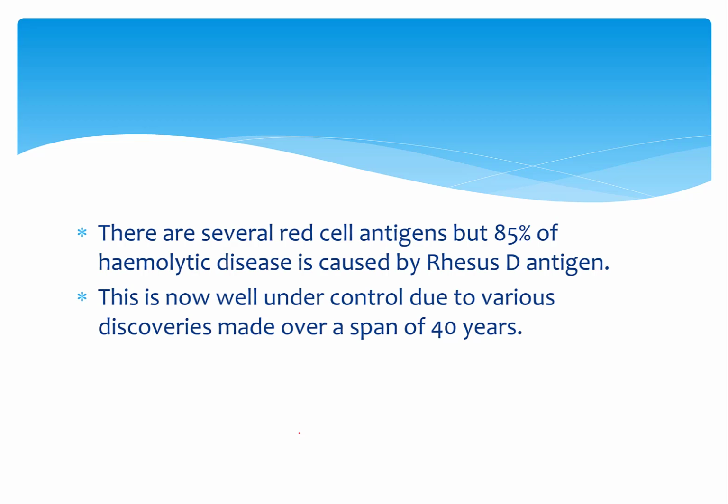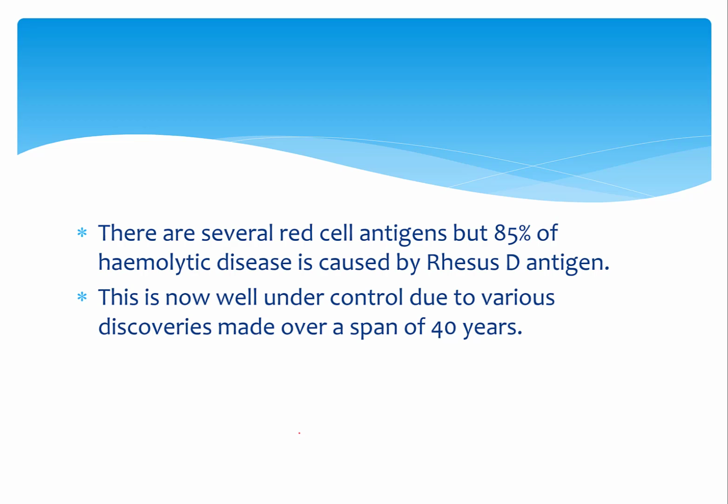Red cell antigens are several, about 300 have been described, and apart from Rhesus D antigen and its variants or alleles, there are some other antigens which can cause hemolysis or raise original antigens.